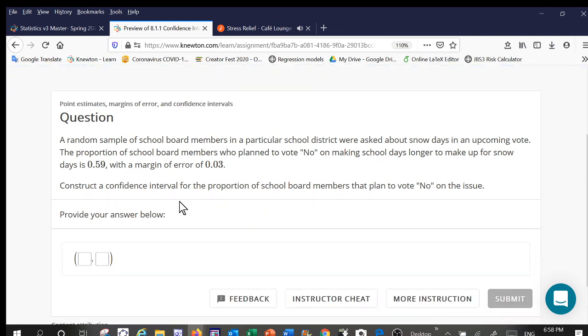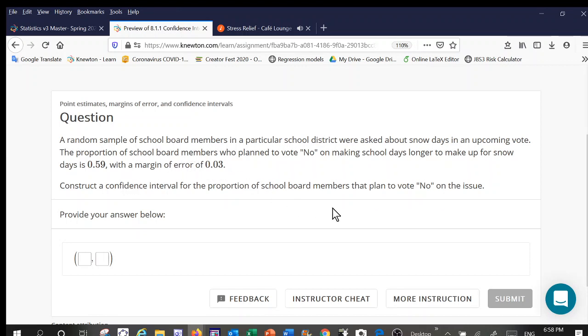And what are we supposed to find? It says construct a confidence interval for the proportion of school board members that plan to vote no on the issue. So a random sample of school board members in a particular school. The proportion of school board members who plan to vote no on making school days longer to make up for snow days is 0.59 with a margin of error of 0.03.